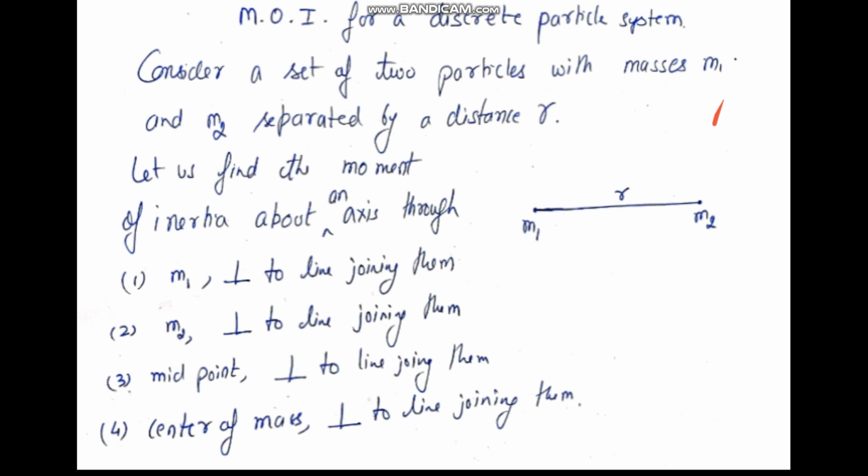That means I will be calculating the moment of inertia about this axis. Similarly, third part, moment of inertia perpendicular to the line joining, that means about the midpoint. Then about the center of mass perpendicular to line joining them. Center of mass may not be the midpoint, somewhere here, and I will have an axis like this, and I will calculate the moment of inertia. Let us take them one by one.